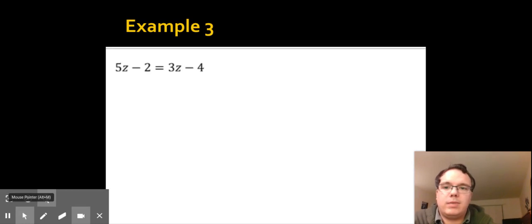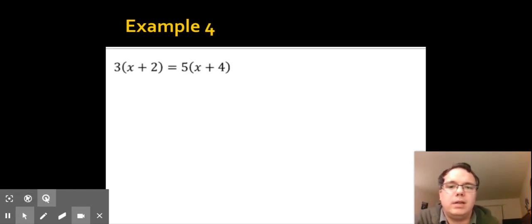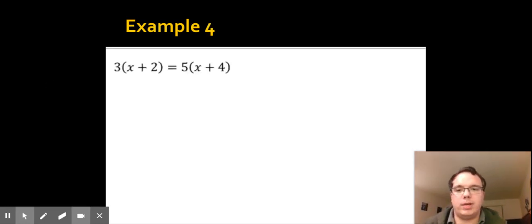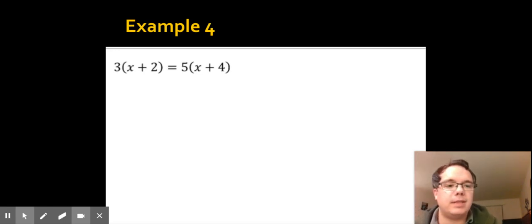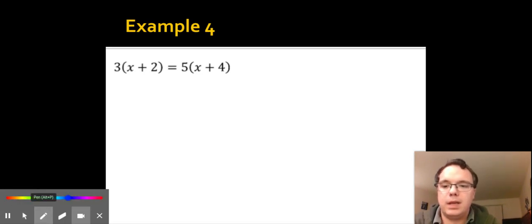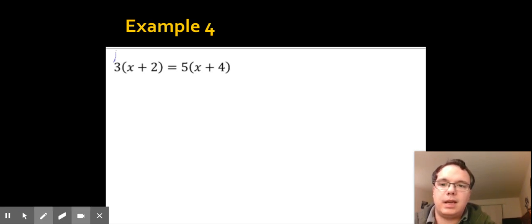All right, we're halfway done with examples. Let's bump it up a little more by throwing in some distributive property. Both the left and right side have parentheses. How we get rid of parentheses is using the distributive property. Hopefully you remember the distributive property means to take whatever term is outside the parentheses and multiply it by every term inside the parentheses.